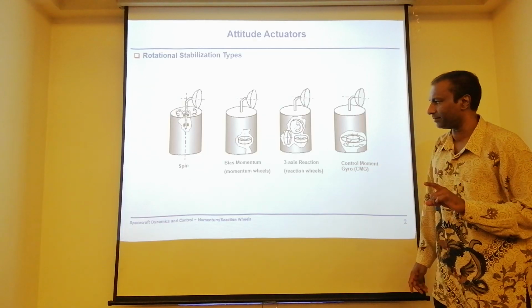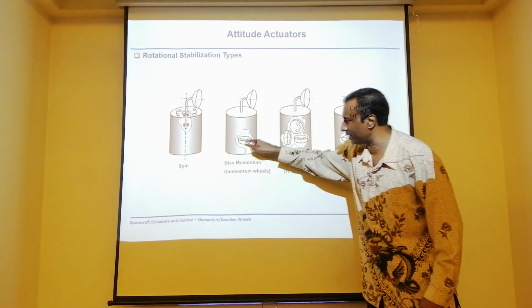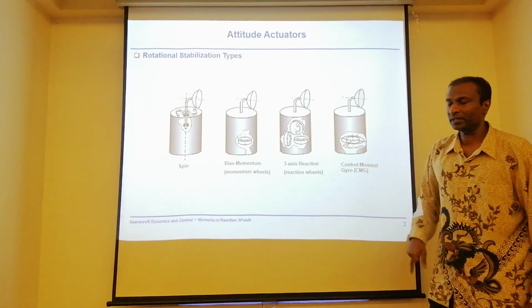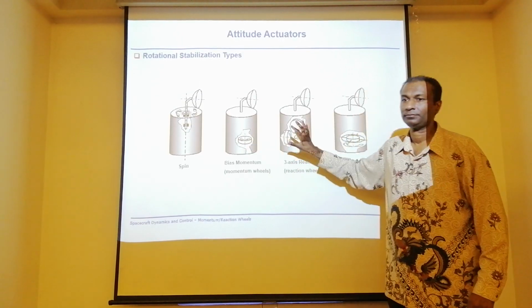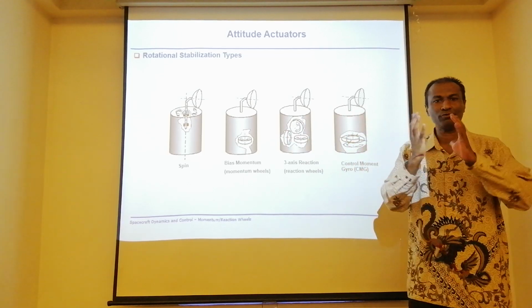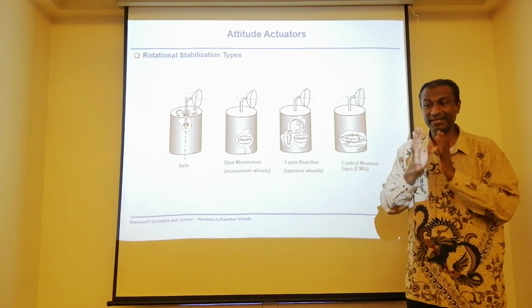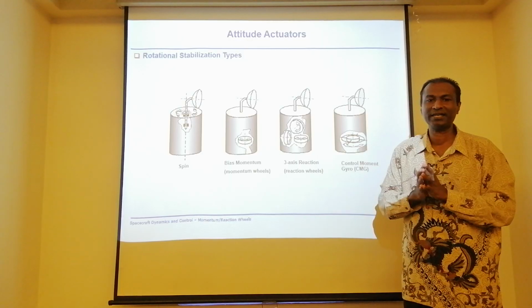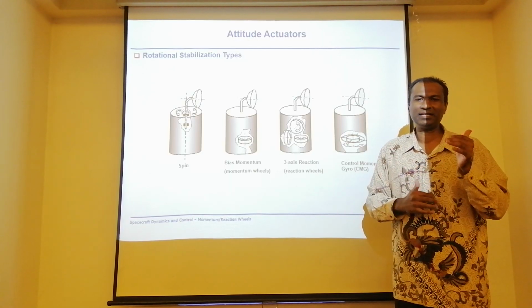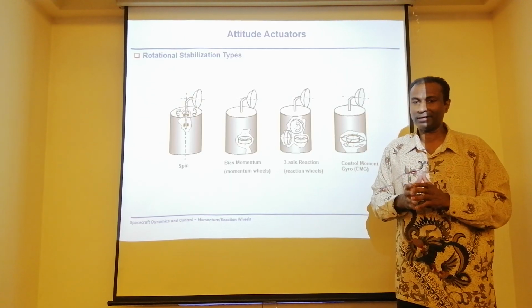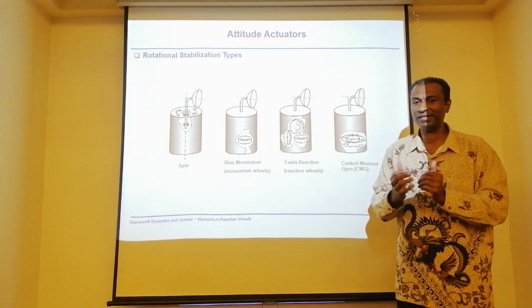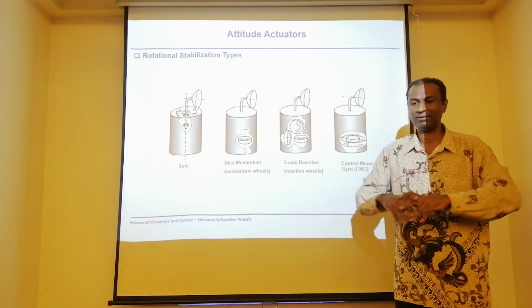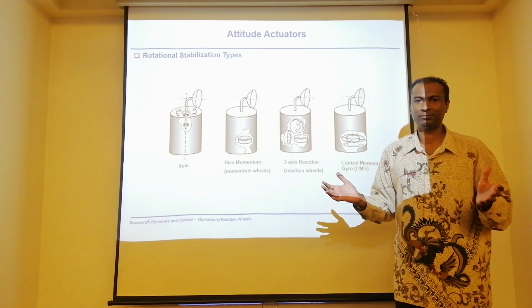please do understand, when you have already put the wheel inside the rigid body, the outside volume can be different. That is the reason the older satellites in the 1960s, 1970s, you see most of the satellites are cylindrical. But now you have seen most of the satellites are more often than not cubical.